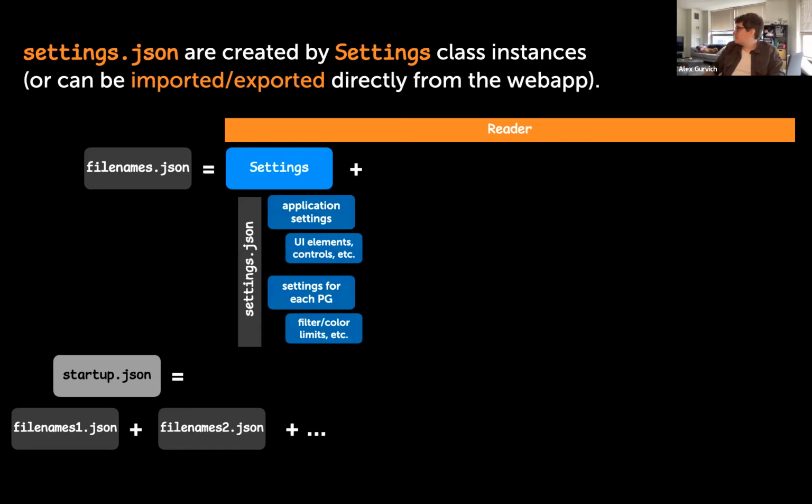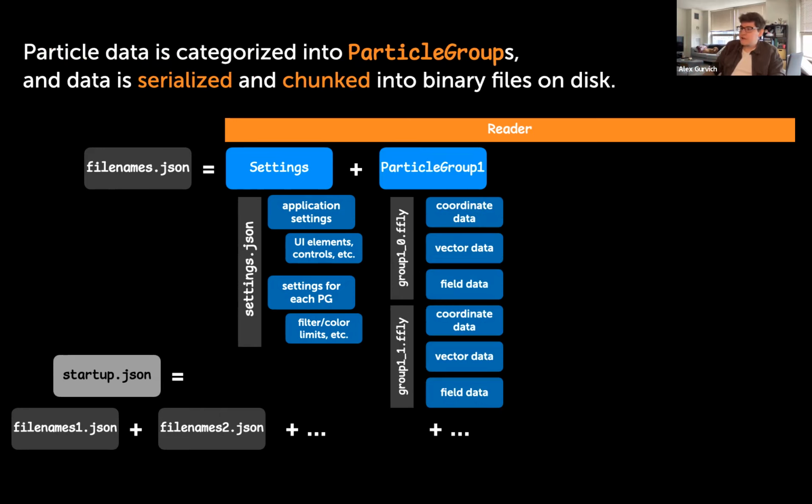And reader class instances contain settings class instances, which contain things like the application settings, so where the camera is, whether things should be full screen, whether the UI should be expanded or not, whatever. And also settings for each of the individual particle groups, like what the filter and color bar limits are, whether a certain particle group is enabled, etc. Then there's the actual raw particle data that gets stuffed into particle group class instances.